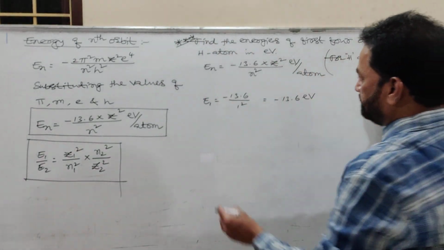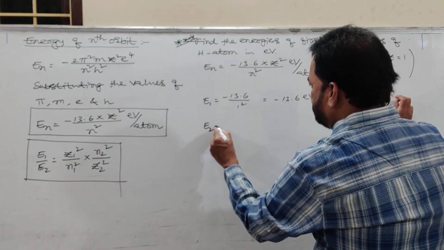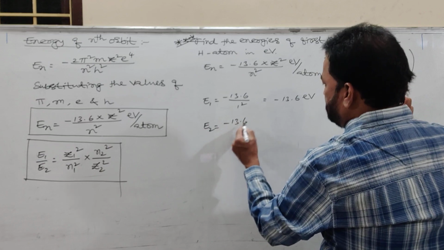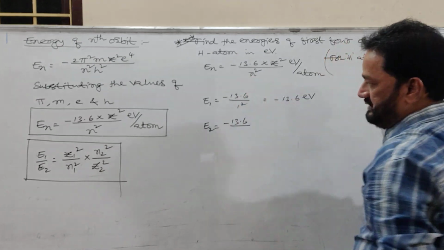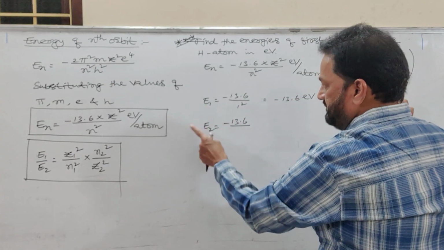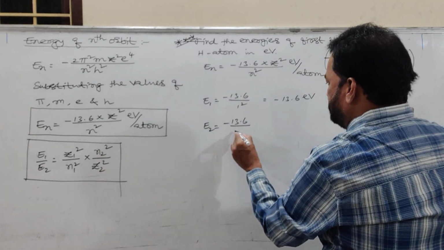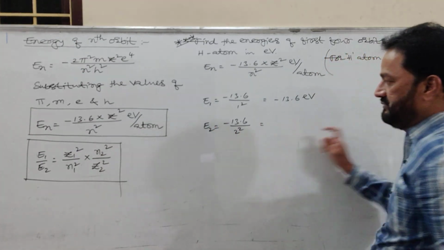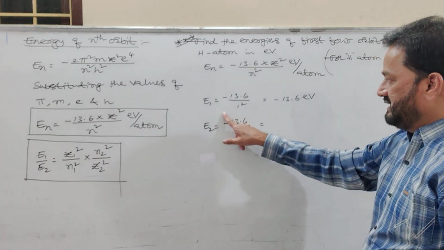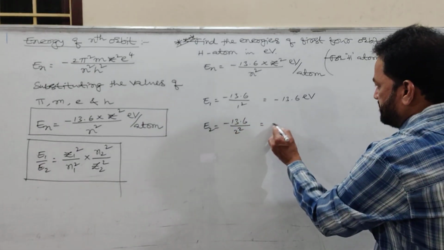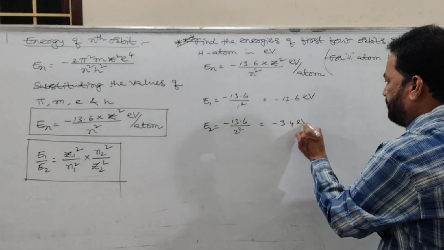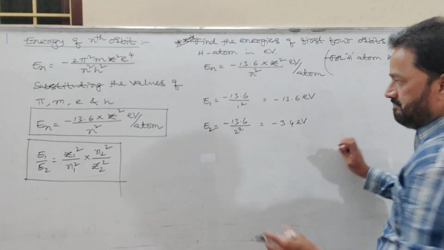Then E2 is equal to minus 13.6 by 2 square. This is 4. 4 threes, 4 fours. So minus 3.4 electron volt.